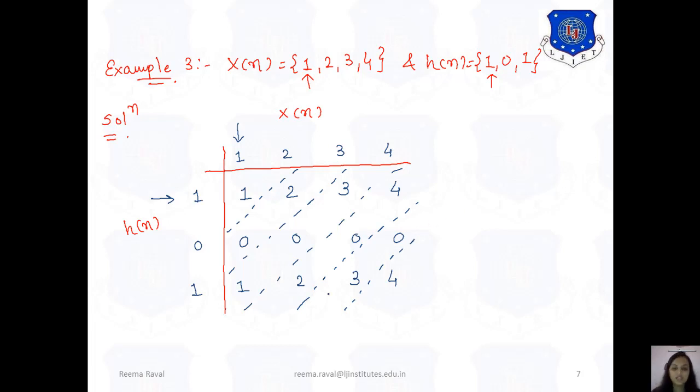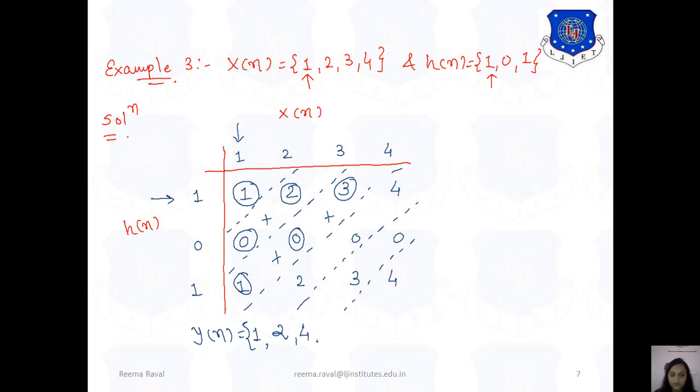Now in the same way we are going to find the output function y of n. So here the first value is 1. The next value is 0 plus 2, which gives you 2. So the second value is 2. Then 1 plus 0 plus 3 gives you 4.